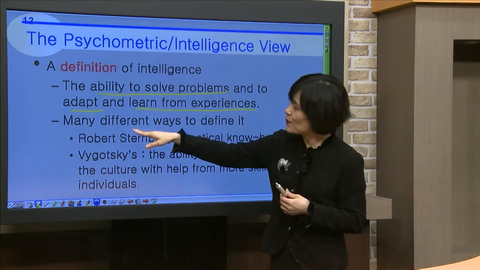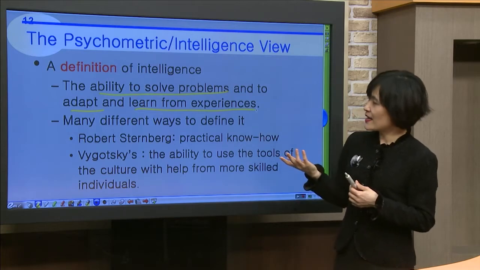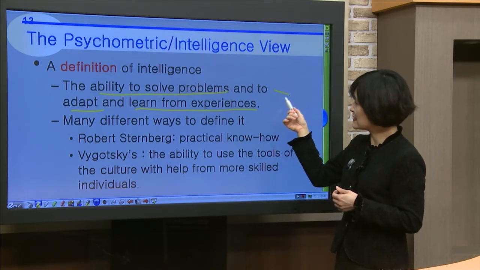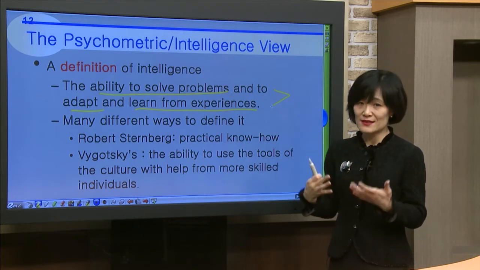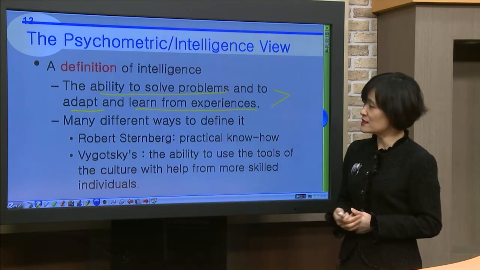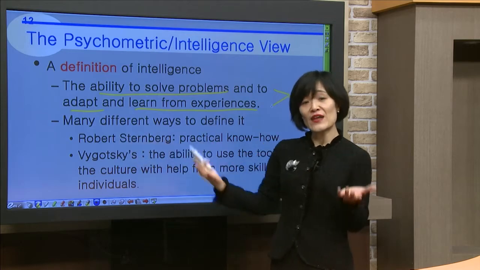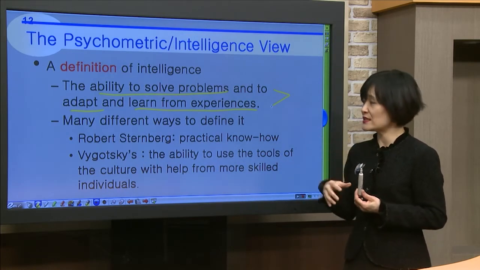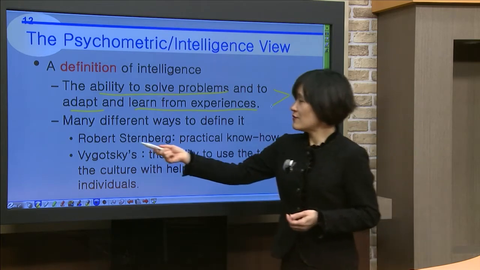People provide different ideas and different ways to define it, even though this is the basic assumption of intelligence. I want to show that there are diverse ideas to approach intelligence with different emphasis.